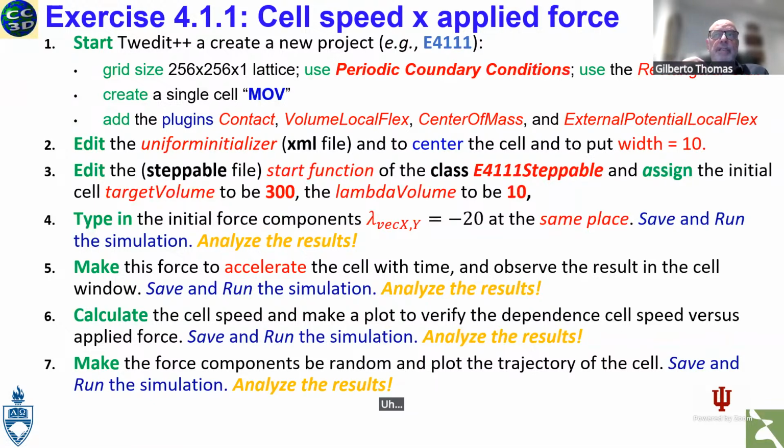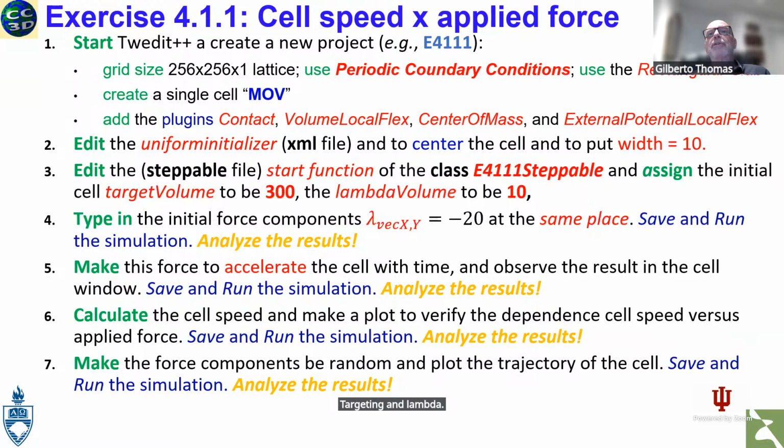Let's put the cell in the center of the grid and give it the initial values for the volume plugin, target and lambda.